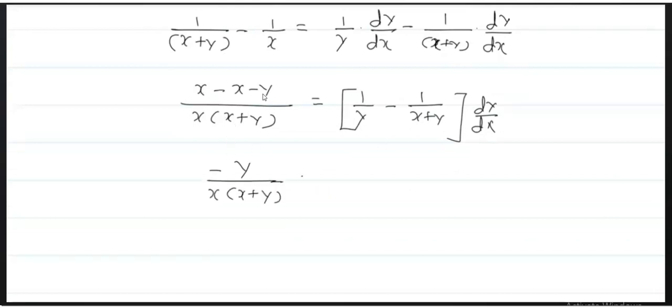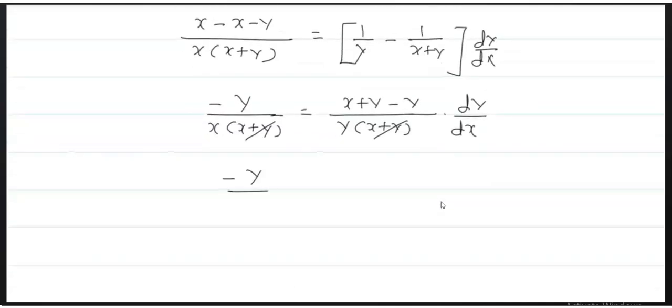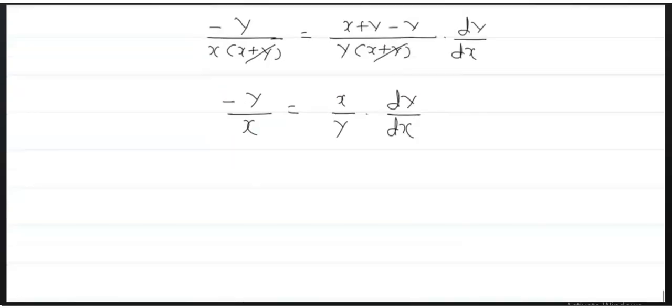Plus x minus x get cancelled, minus y upon x into (x plus y), minus y, in bracket (x plus y), into dy by dx, and that's why this minus y upon x is equal to x upon y into dy by dx. Therefore dy by dx is equal to minus y square upon x square.